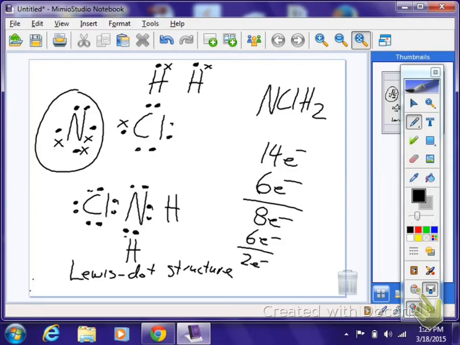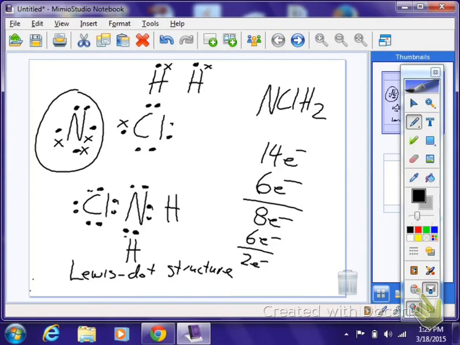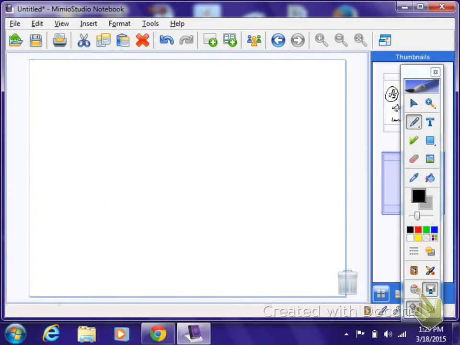So what I'm going to do is clean it up a little bit, and I'll show what it looks like if we just have lines drawn. Okay? This is what it would look like if we had lines drawn.